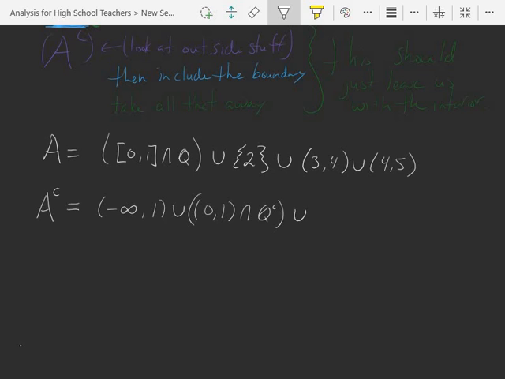The stuff between 1 and 2 would be in the complement. The stuff between 2 and 3, including 3, would be in the complement. 4 would be in the complement. And the stuff 5 or bigger would be in the complement. Okay, now let's take the closure of that.